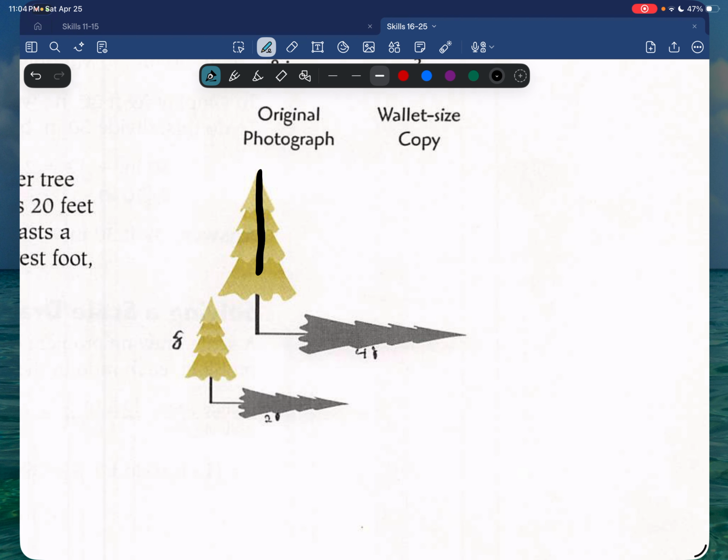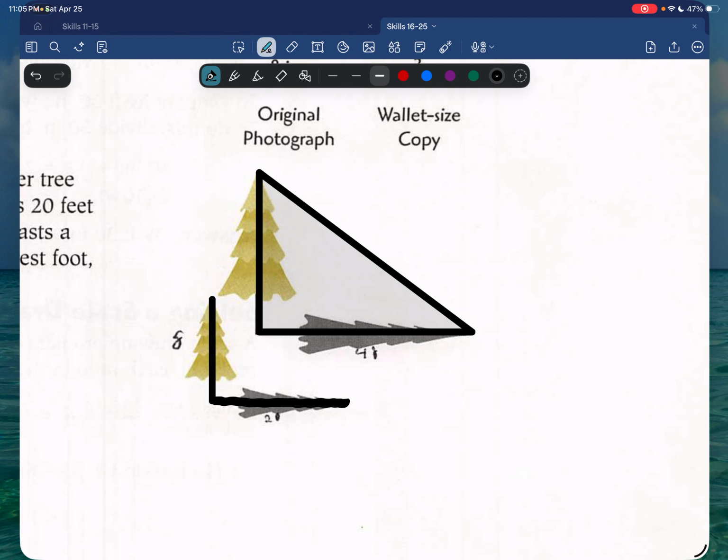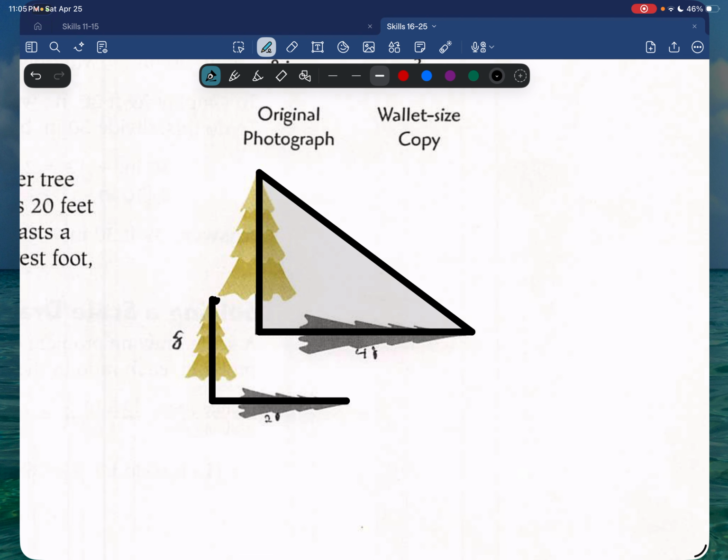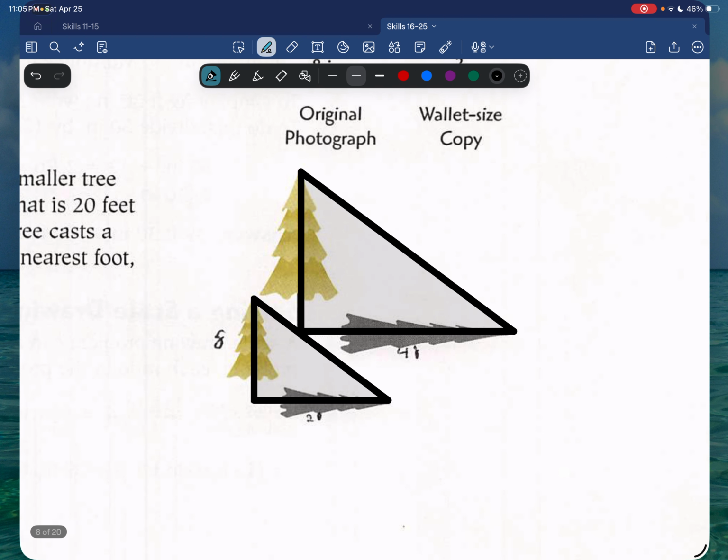You're looking at this height and this shadow. So there's a mama triangle. And then you're looking at this height and this shadow. There's the baby triangle. So you do have the mama and the baby. It's a little bit harder to see, but it's there.